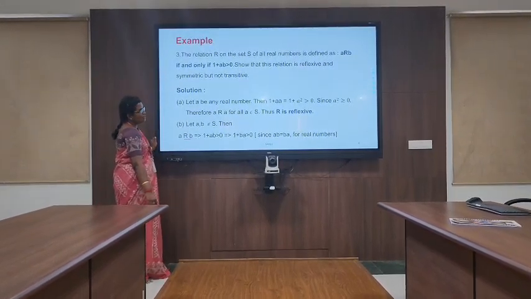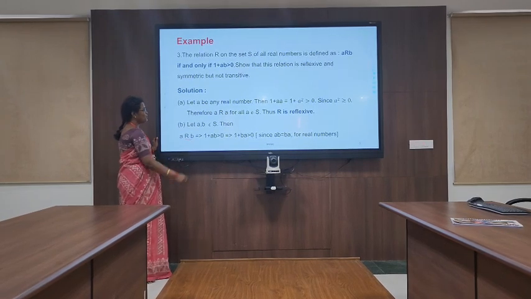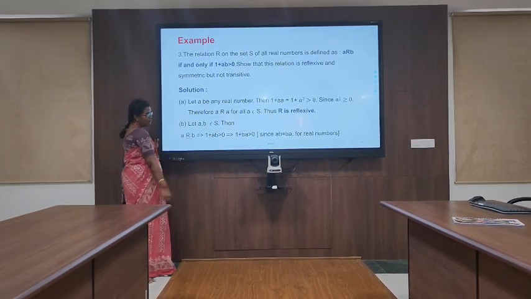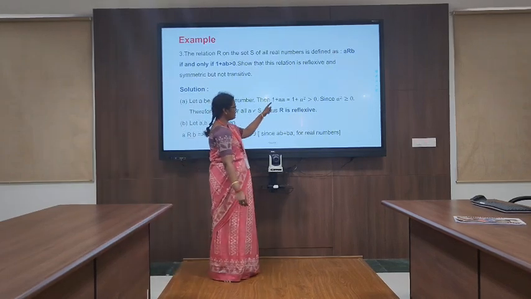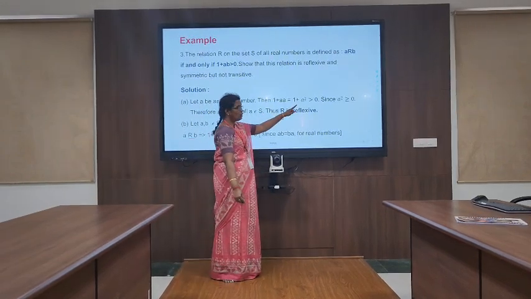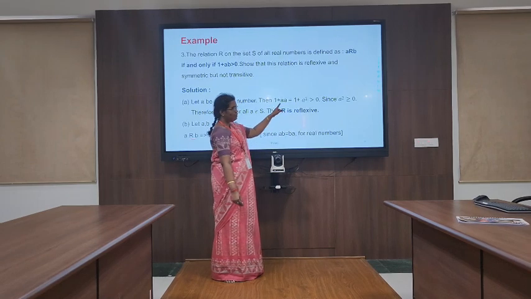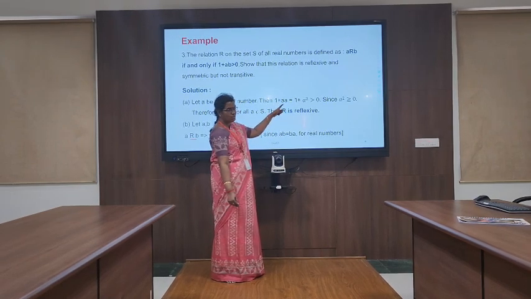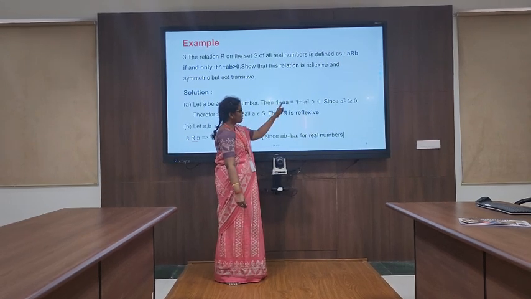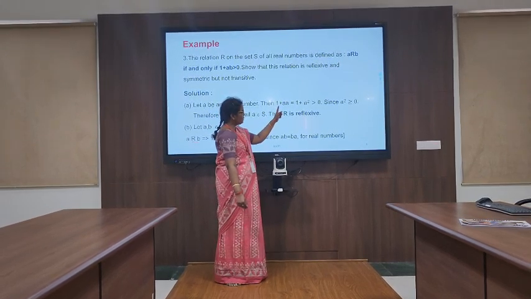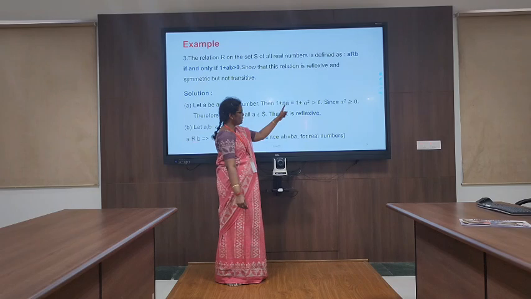Let's show R obeys the reflexive property. Assume any real number A. For any real number A, the term 1 plus A times A is always positive. Assume A as minus 1, which is a real number. Consider 1 plus A times A, which is 1 plus minus 1 times minus 1.